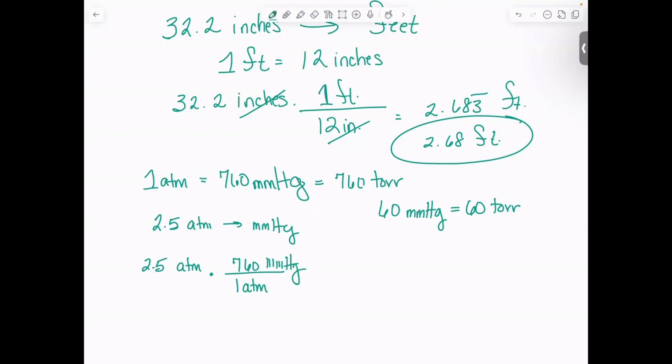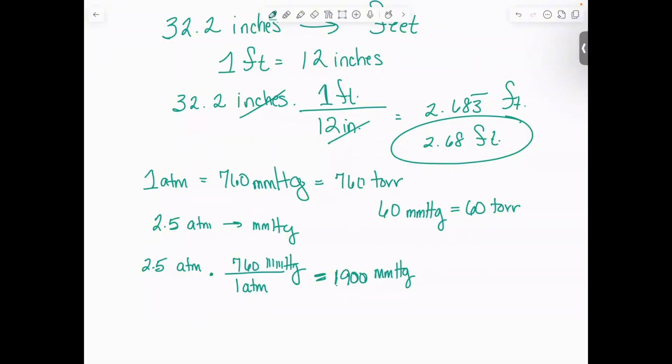So 2.5 times 760 is exactly 1900 atmospheres, or I'm sorry, millimeters of mercury, my bad. 1900. I apologize, I don't know what's going on with my pen here. Maybe I'm pressing too hard. So anyway, we have successfully converted 2.5 atmospheres to 1900 millimeters of mercury.